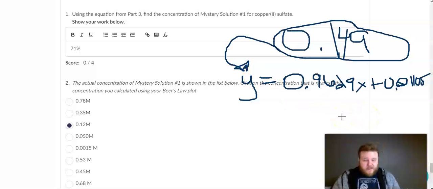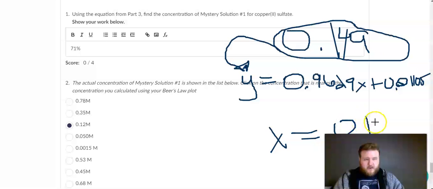I'm just going to do it on my own right here. 0.01105 divided by slope. So if I solve for x, my x ends up being 0.14. Okay, that's my x. My x ends up being 0.14.